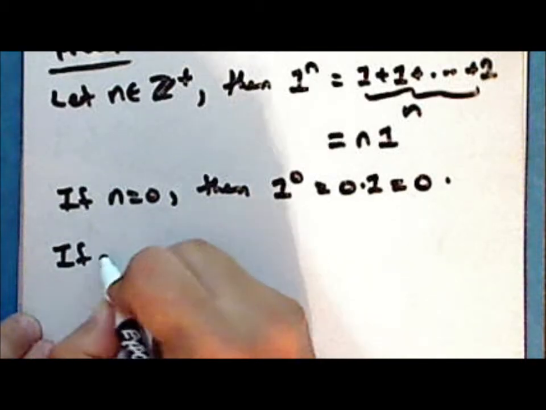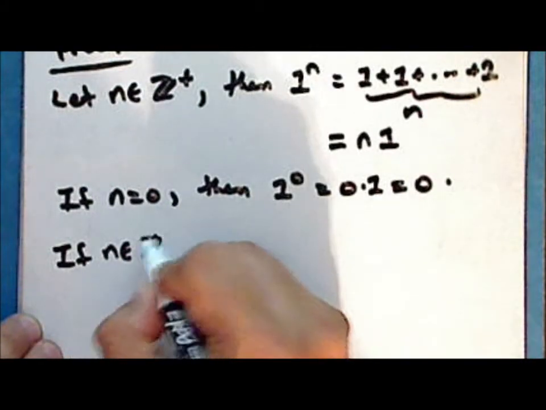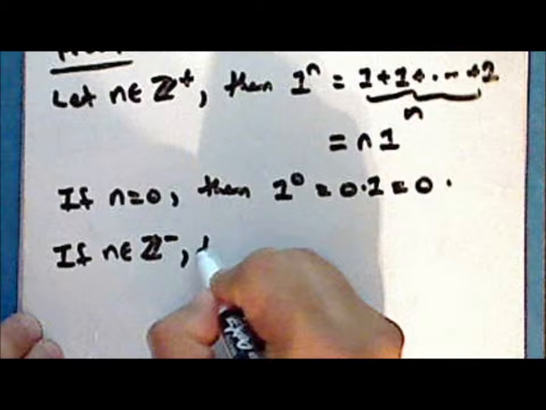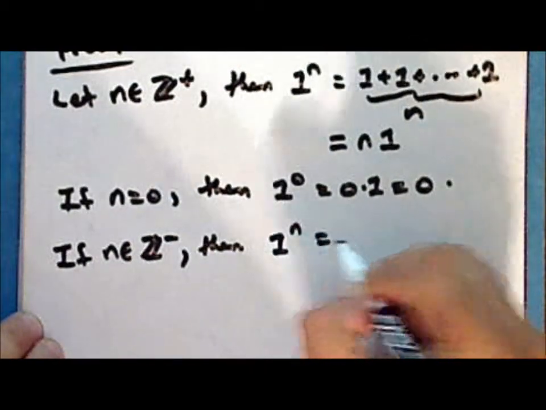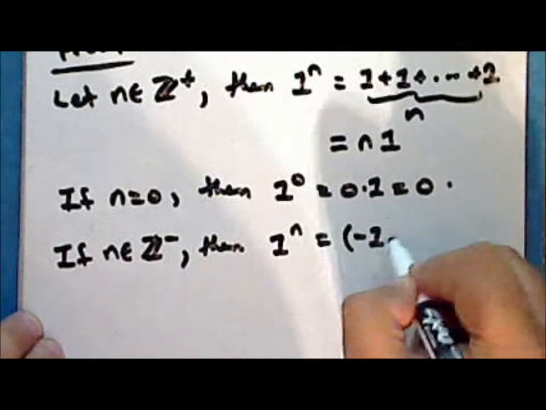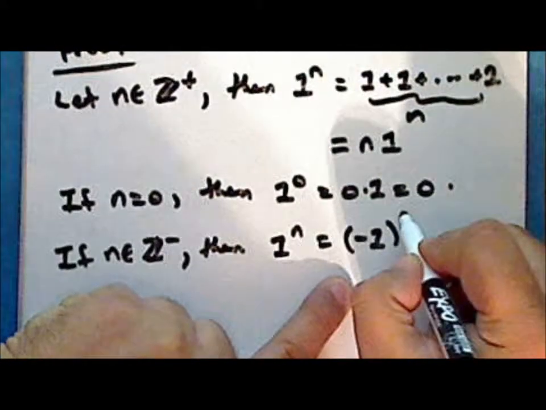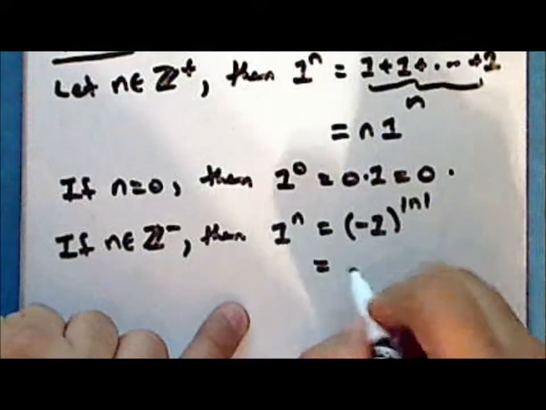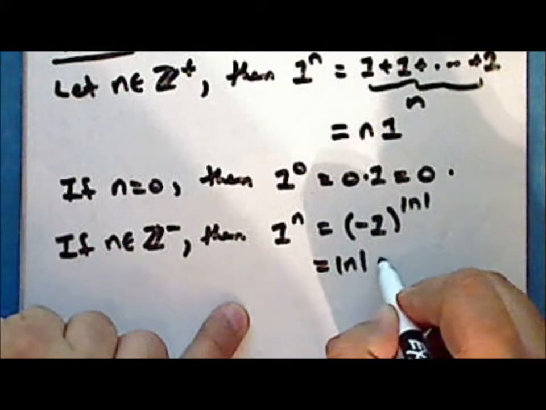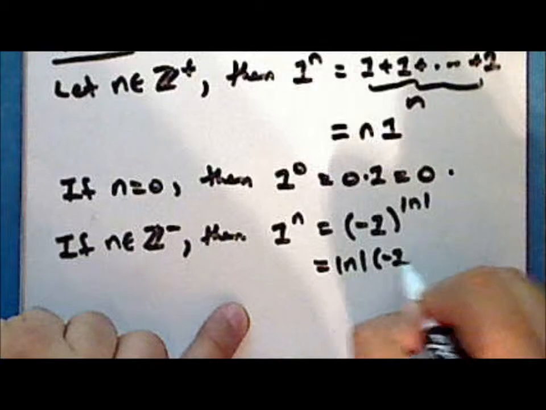And if n is a negative integer, then 1 to the power of n is the inverse of 1, which is negative 1, to the power of the absolute value of n, which is the absolute value of n times the number negative 1.